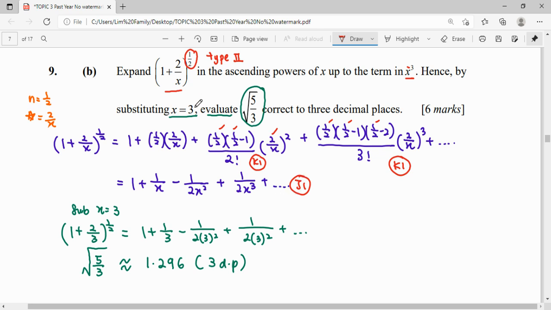When doing substitution, you have to state very clearly how you substitute your left hand side and your right hand side. That's why our expansion must be written very clearly, showing what your left hand side is and what your right hand side is, not written above and below. Finally, because this question is quite straightforward, once you substitute your 3, you manage to reach 5 over 3 already. The last step is to check that you are doing the rounding correctly, which is rounding at the last step. So that's all.